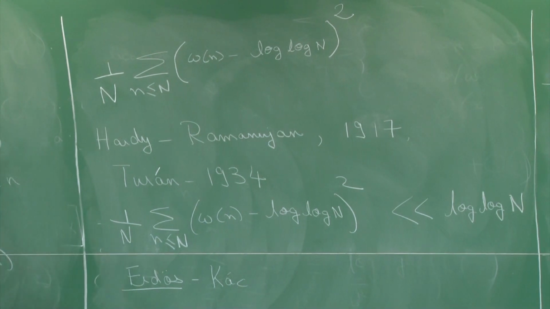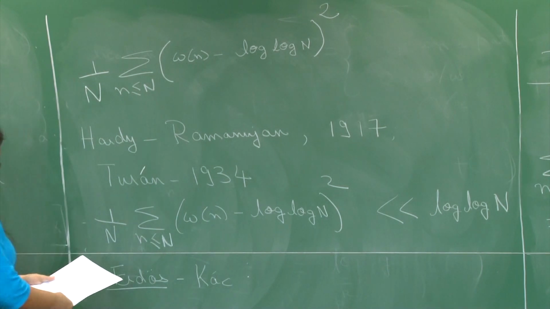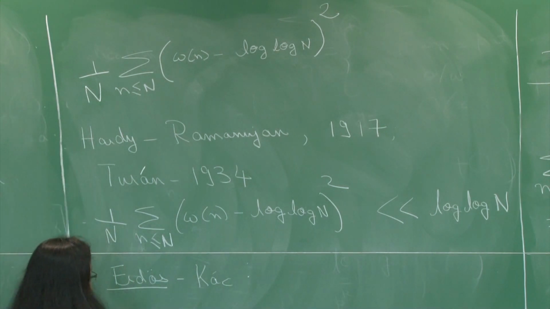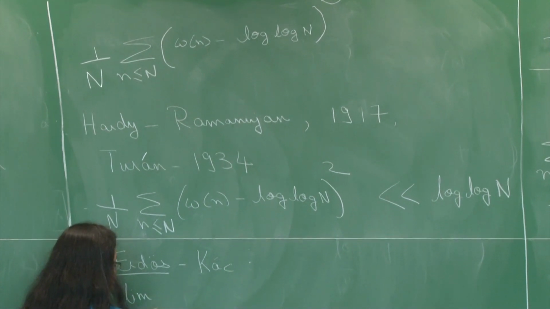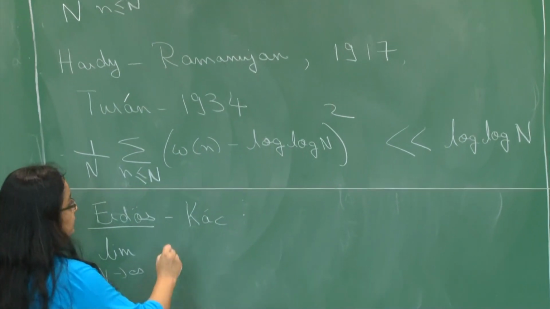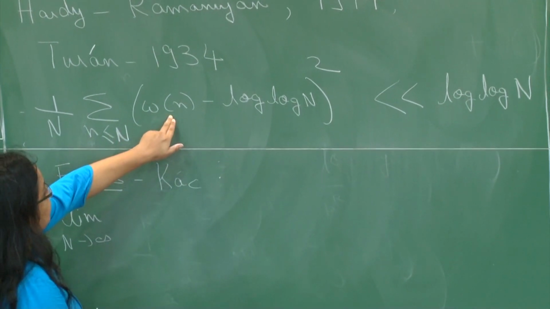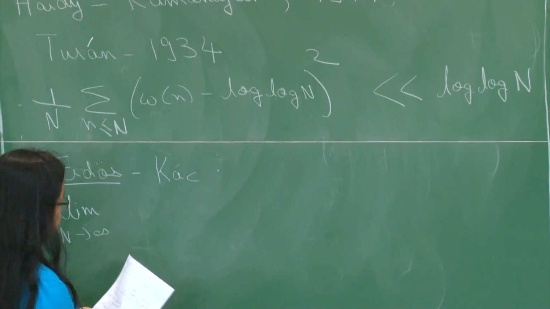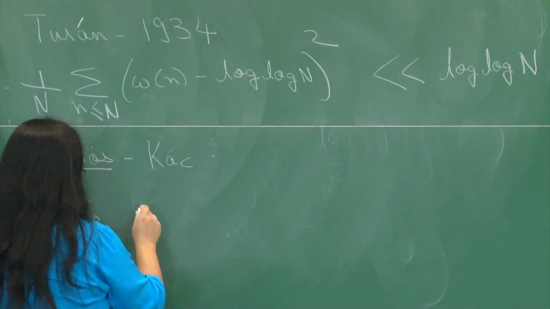And the Erdos-Kac theorem says the following. It says that this limit as N goes to infinity predicts the probability of what bounds this function can take.